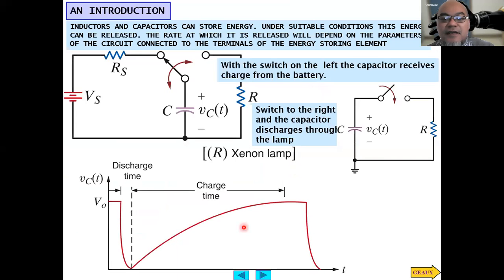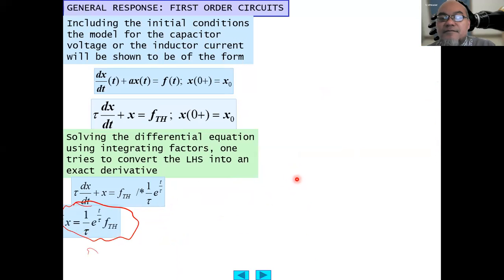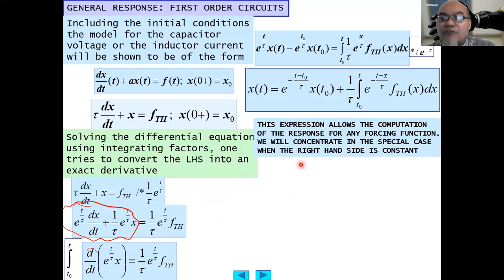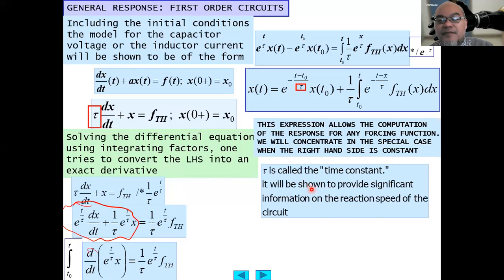The value x(t) varies with time; x(t) can be voltage or it can also be current. The time constant represents how fast or how quickly the parameter changes over time. It will be shown to provide significant information on the reaction speed of the circuit.